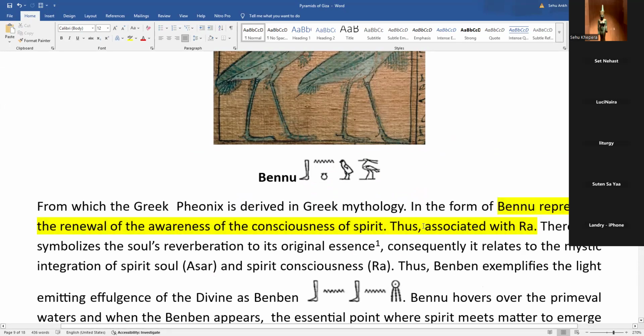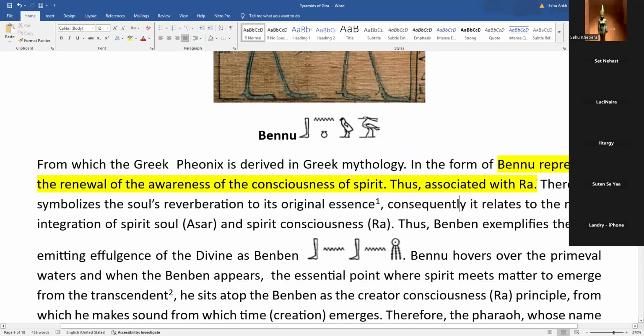And you'll see where Ra is on the Benben stone when we go back and do more detail into the symbols on the Benben. Therefore it symbolizes the soul's reverberation to its original essence.